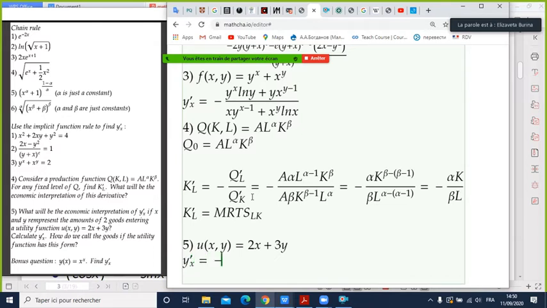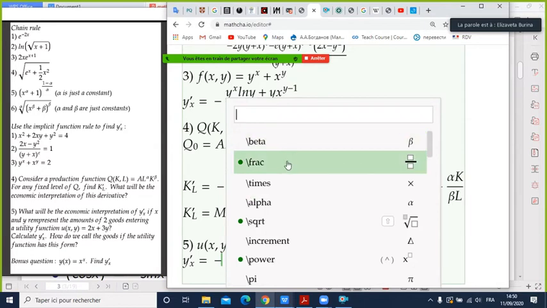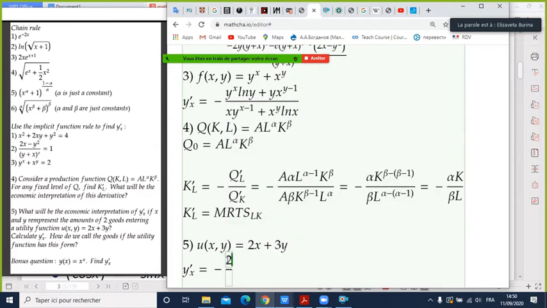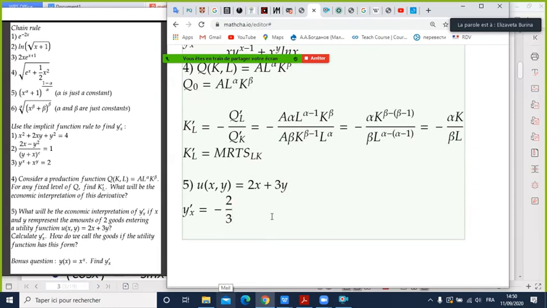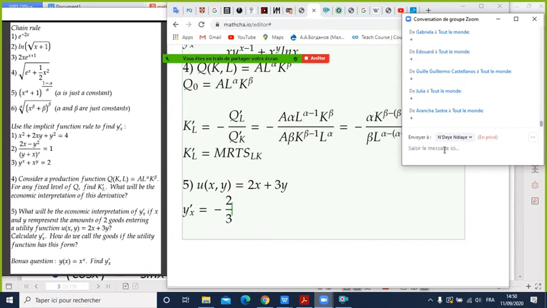This is just something that finally looks not that scary. We get 2 over 3. Well, minus 2 over 3, right? And now tell me, how do we call the goods if the utility function has this form? Perfect substitutes. So perfect, yes.